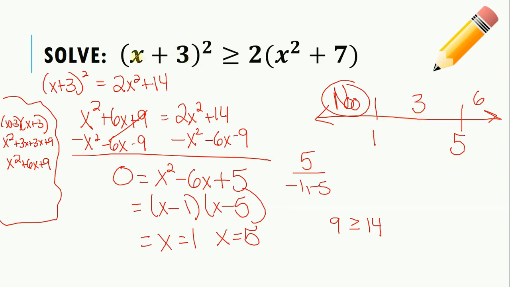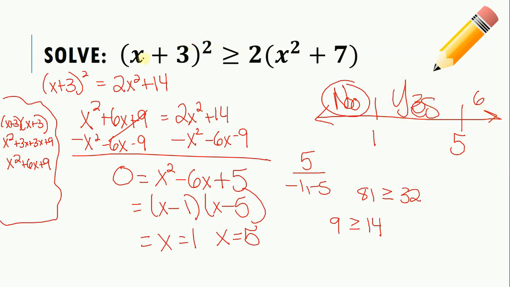Let's try 3. So 3 plus 3, that's 6, squared is 36. 9 plus 7, that's 16. Times 2, 32. This one's a big fat yes.